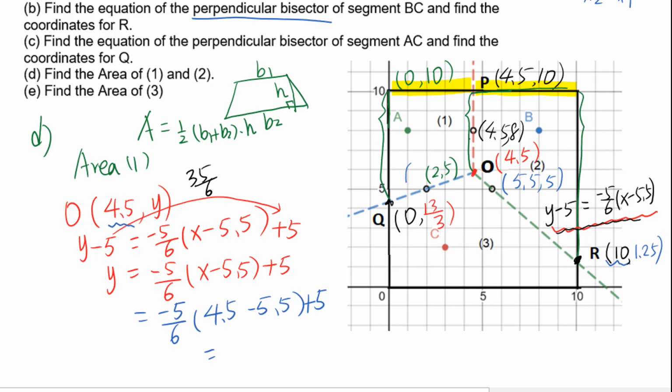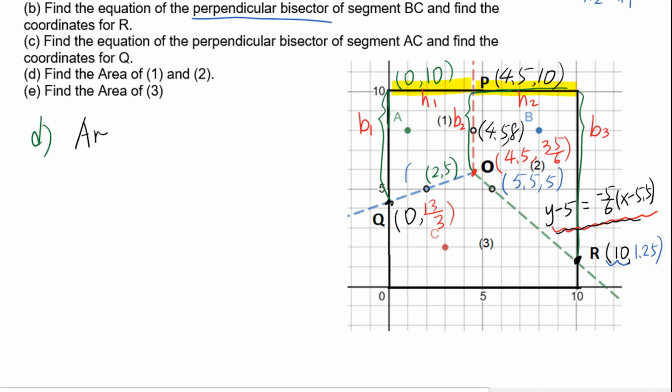So let's label here. This is 4.5, 35/6. Let's label, this is B1, this is B2, here's B3. This is height 2, this is height 1.